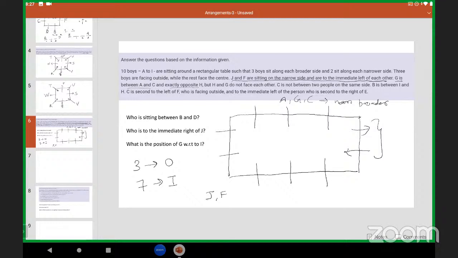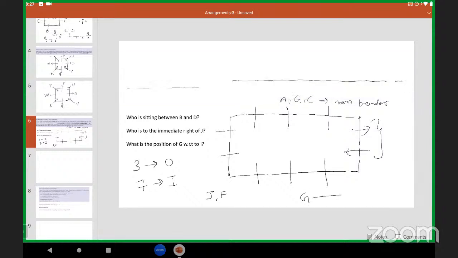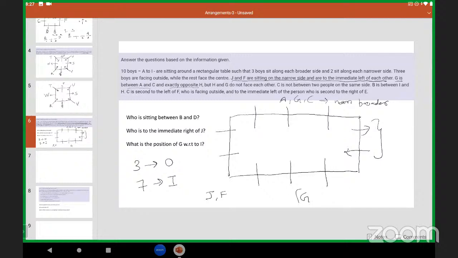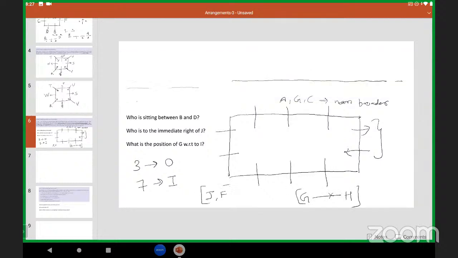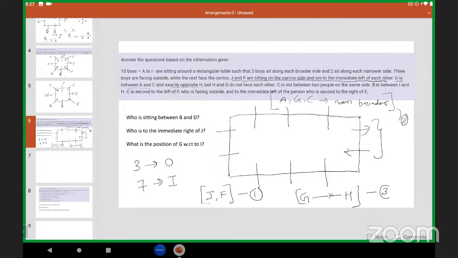That's when G can come in between, and also G is exactly opposite H. This is one condition, J and F is one condition. So this is one, AGC is second, and G opposite to H is third.